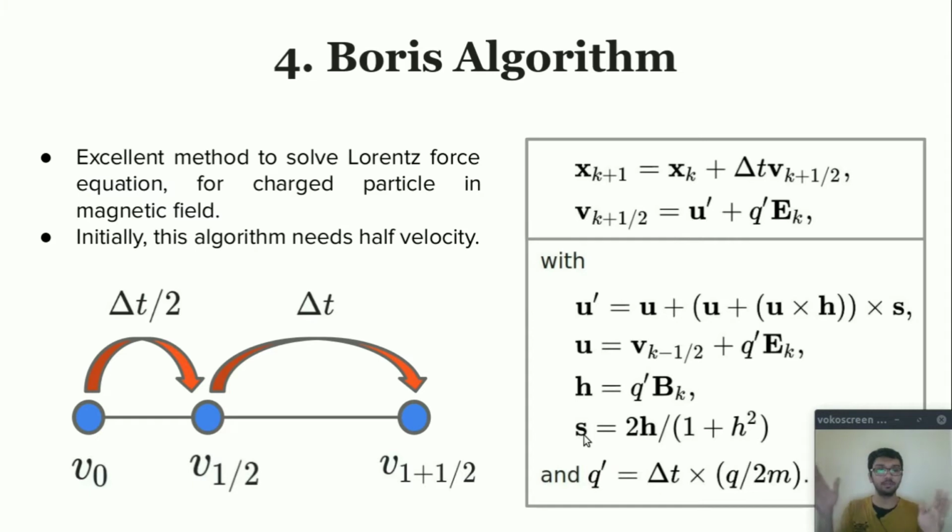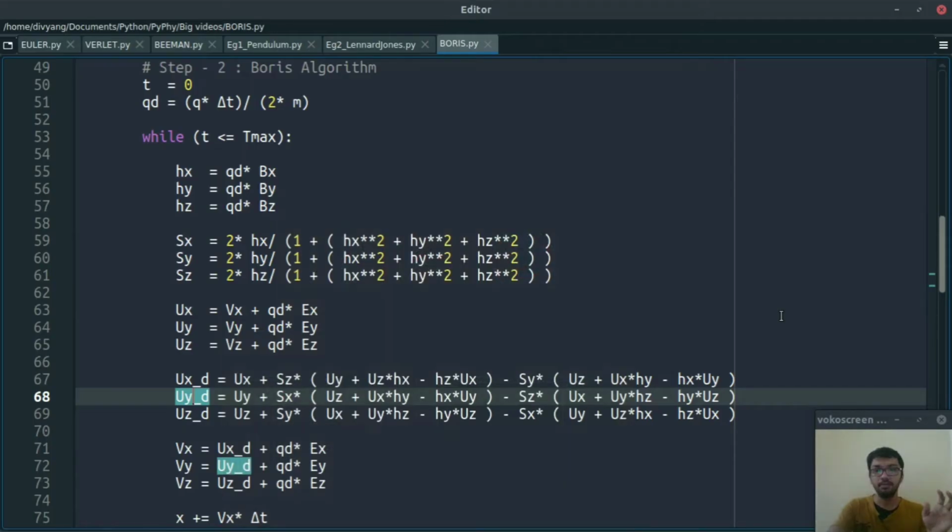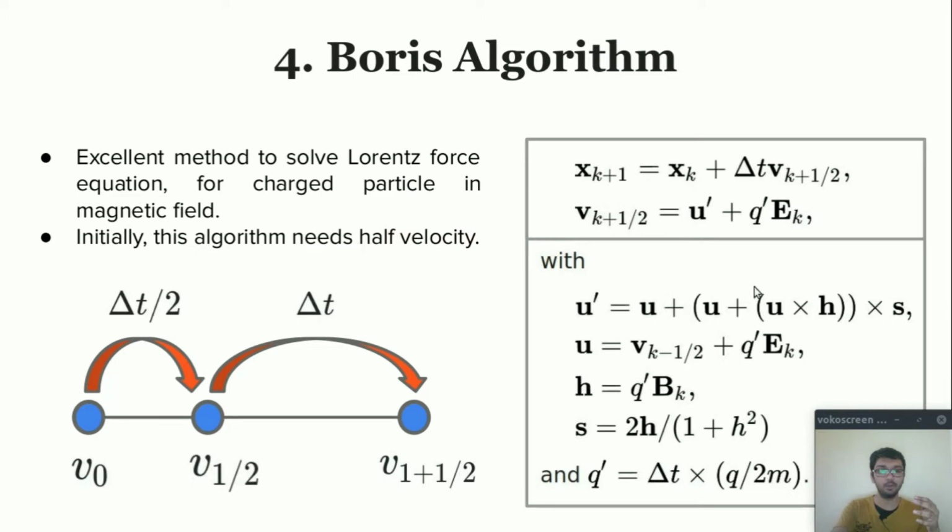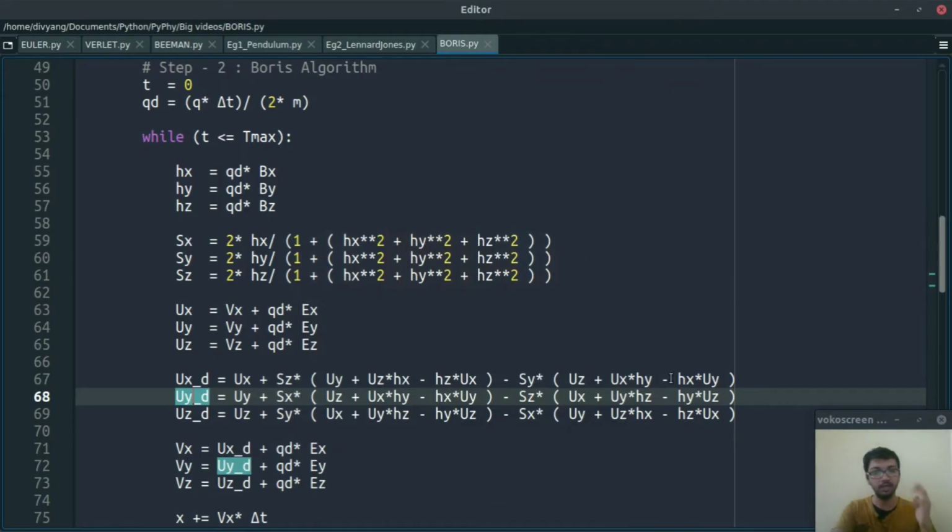I am doing it manually. You can write a function cross prod to do this cross product, but personally I found it very difficult. So what I have done is I have expanded this big formula and coded it.